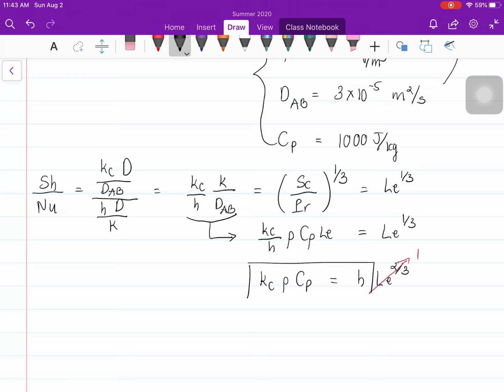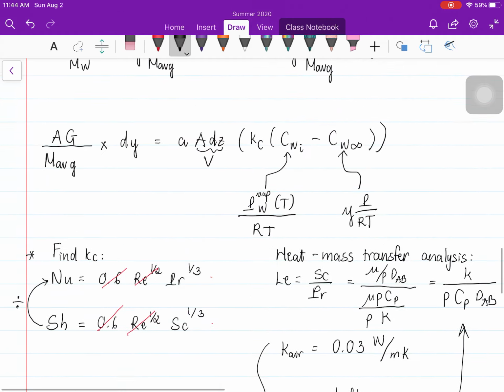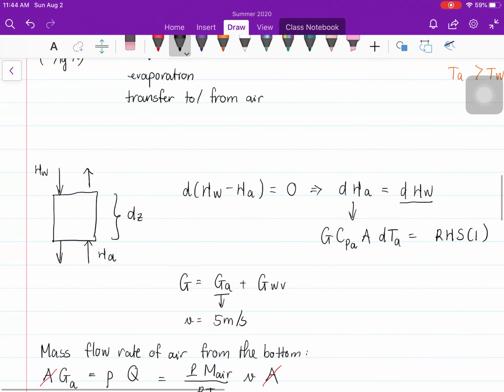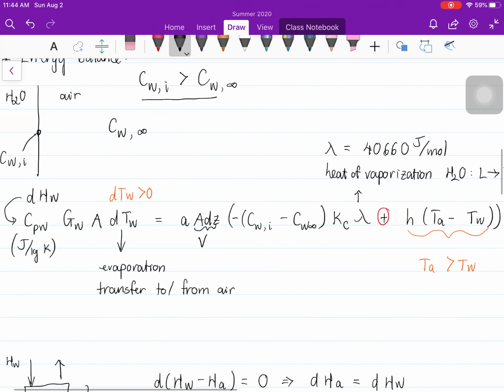I'm gonna substitute this into equation number 1. Equation number 1 is right here, and I'm gonna substitute the equation that we just derived for H, and then we will have what we need.